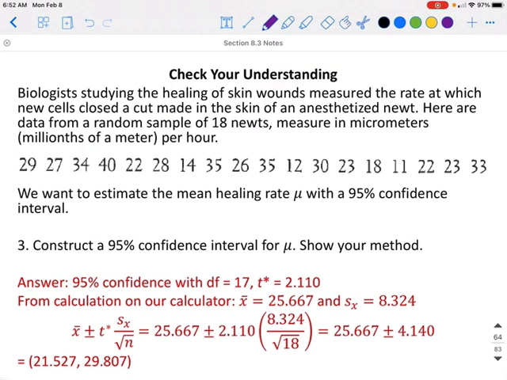If you go to Table B, or your t table, and you look at a degrees of freedom of 17 and go to the 95% confidence interval, you will see that your t star value should be 2.110. From the information that's given to us, we can put that into our calculator and find the mean for our sample and find the standard deviation for our sample, so we can plug this into our formula. And this is going to give us an interval from 21.527 to 29.807.